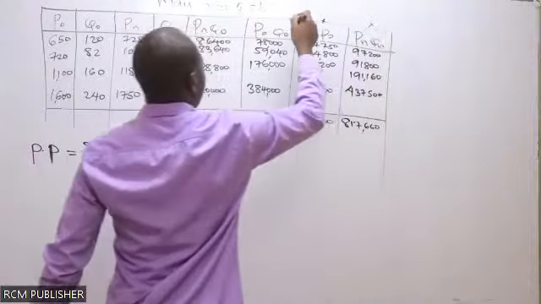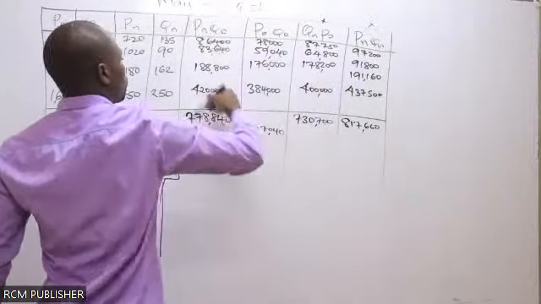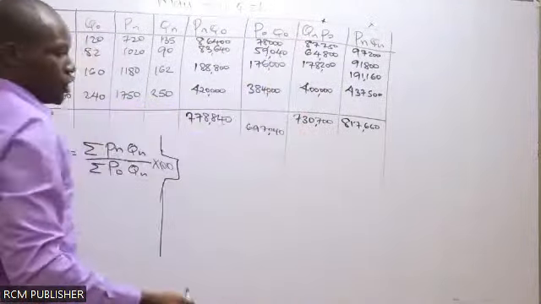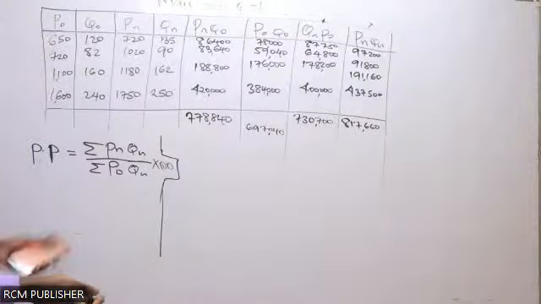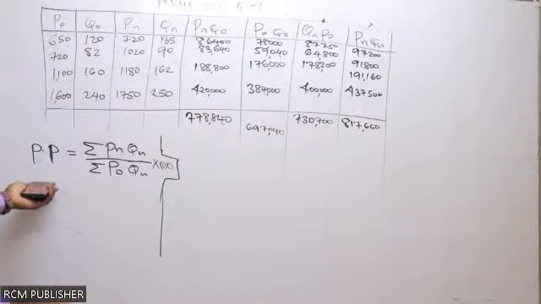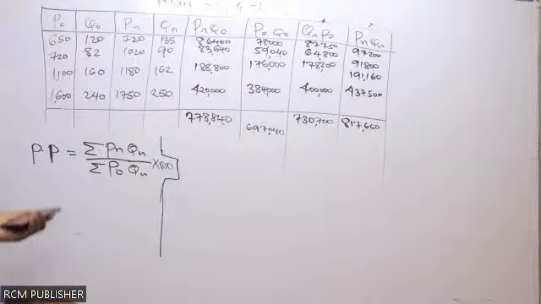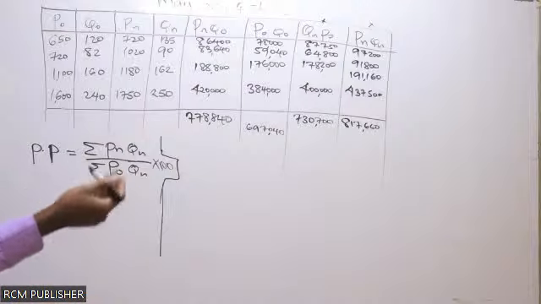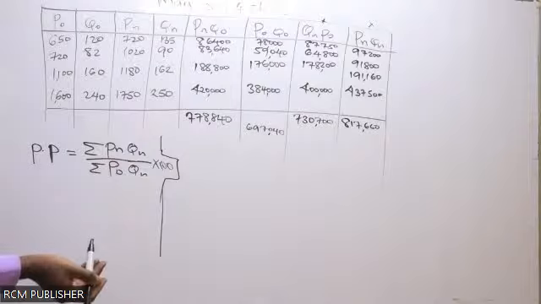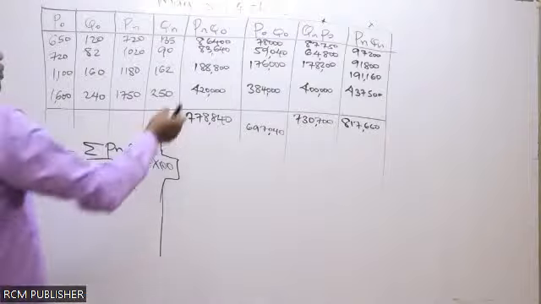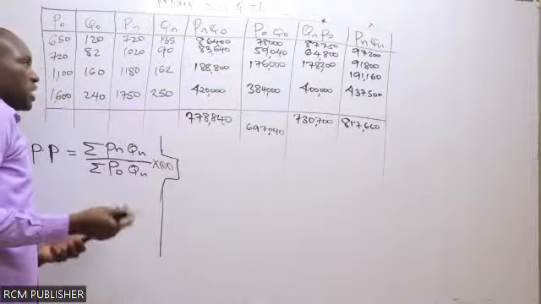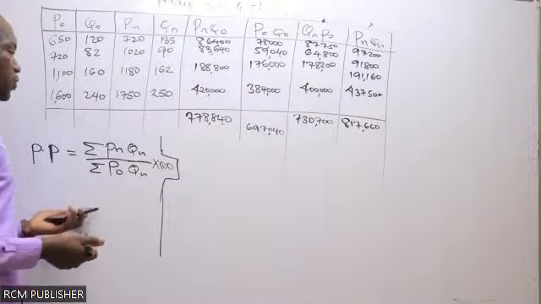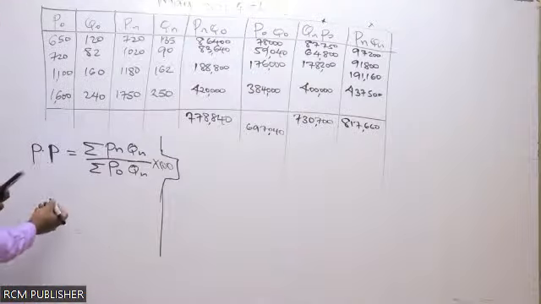It means the time that we took to calculate these two is wasted. We don't need them. Why? We did not know what the formula is actually representing or what was required in Roman 1. So we don't need to calculate things that we are not going to use. These ones here wasted our time, but they do not add any value to the results that we need to get here.